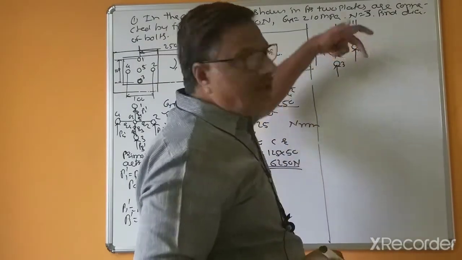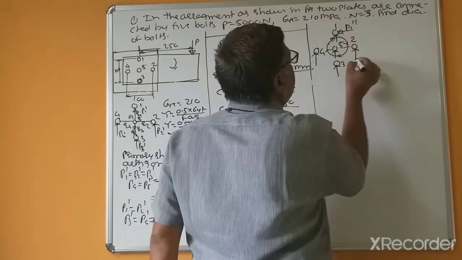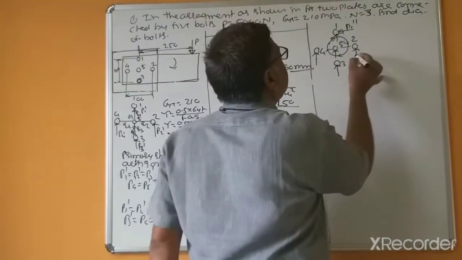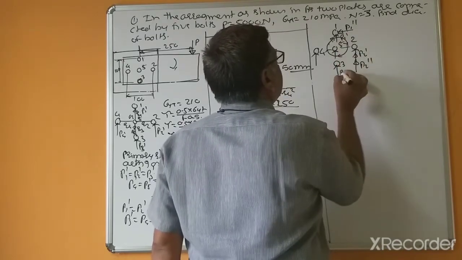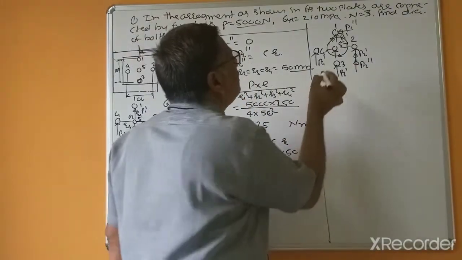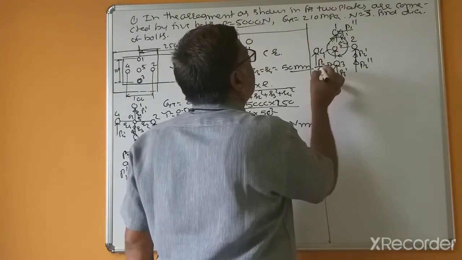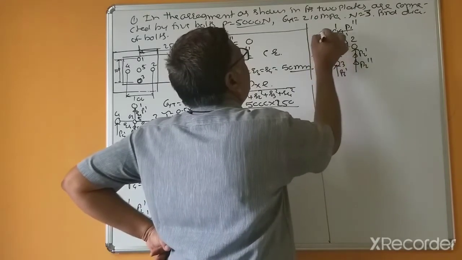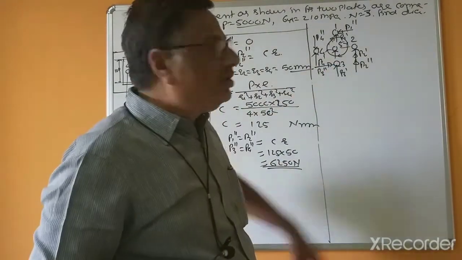Here this will try to rotate and opposite to this direction, because this is 90 degree. That's why here is P2 double dash, and this is P2 single dash, P1 single dash, P3 single dash, P4 single dash. Here this is P3 double dash. Here this will try to rotate, and here this is P4 double dash.